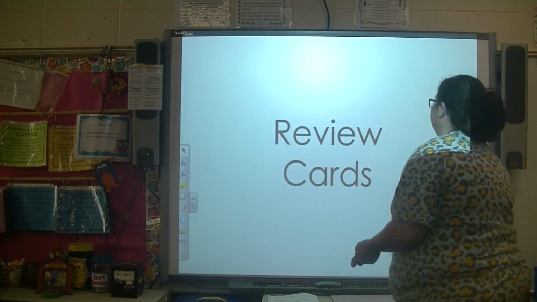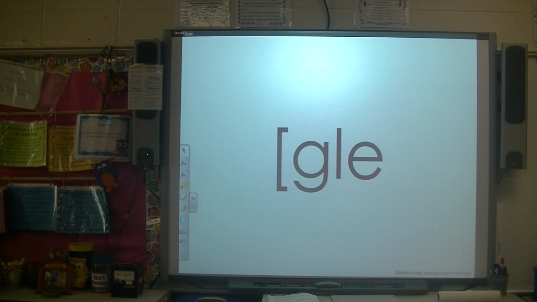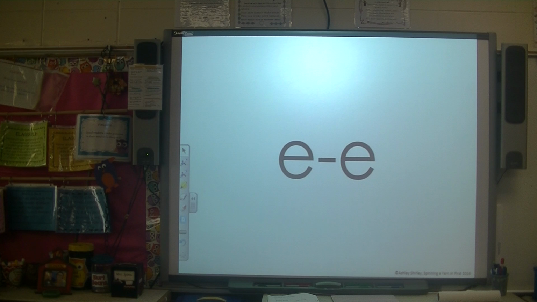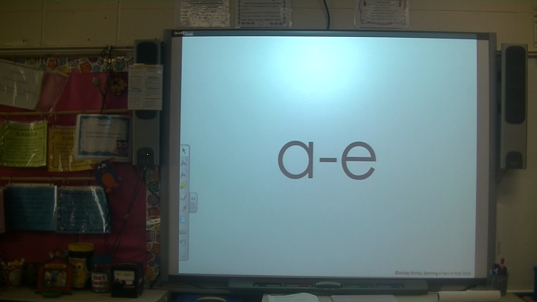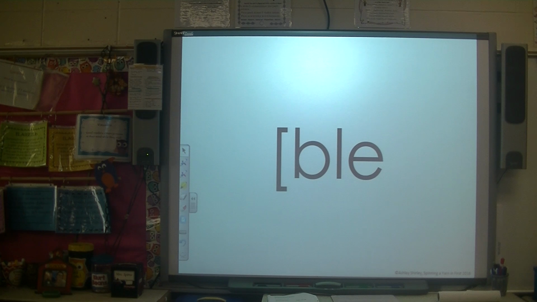All right, review cards. Name the letters. The vowel Y, O consonant E, final stable syllable GLE, final stable syllable FLE, digraph SH, E consonant E, I consonant E, digraph EE, digraph CK, final stable syllable DLE, digraph OO, final stable syllable PLE, A consonant E, combination QU, combination OR, X, combination UR, final stable syllable BLE.